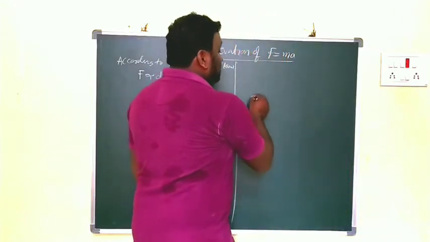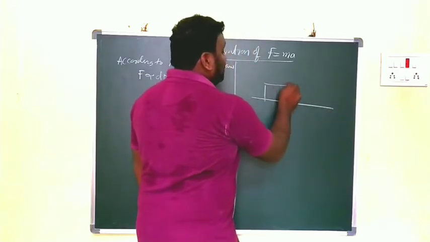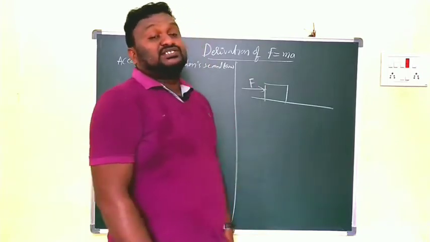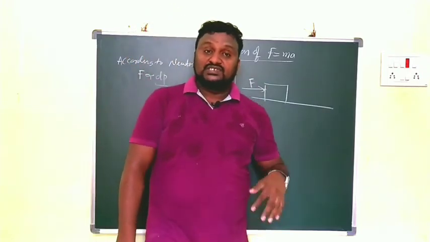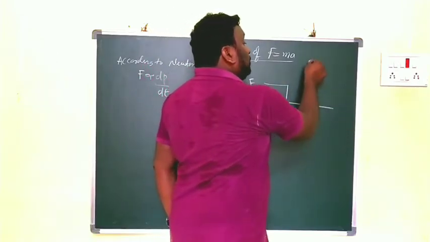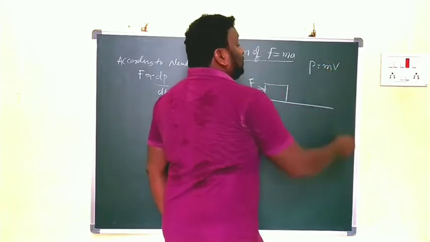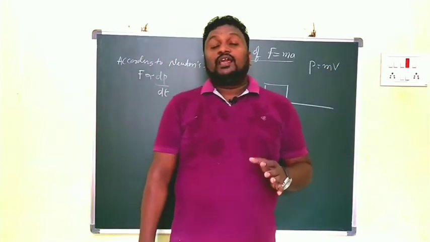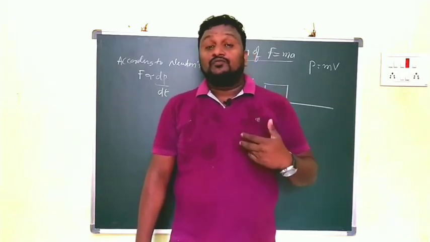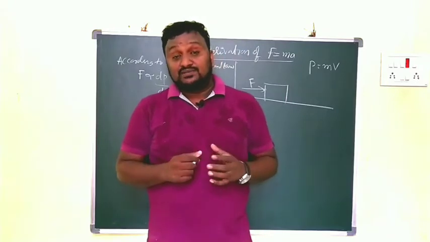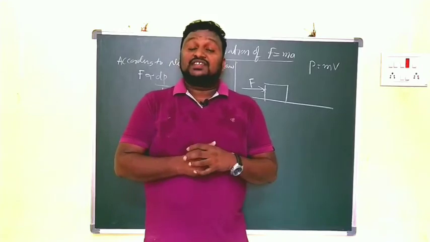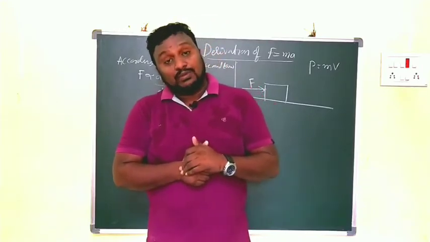That means there is one object, and on that object some external force is applied. Then what is momentum? Momentum is nothing but the product of mass and velocity. If a body has mass and velocity, then obviously the product of mass and velocity is called its momentum.